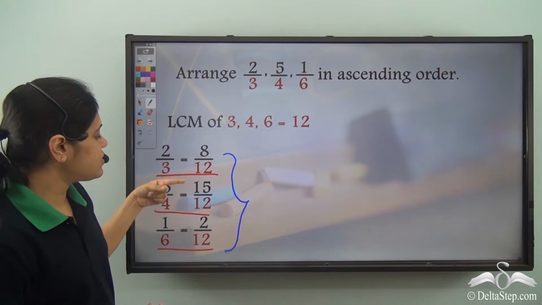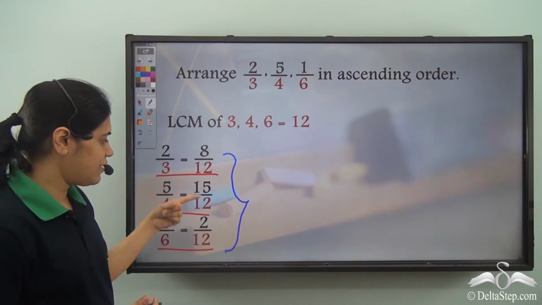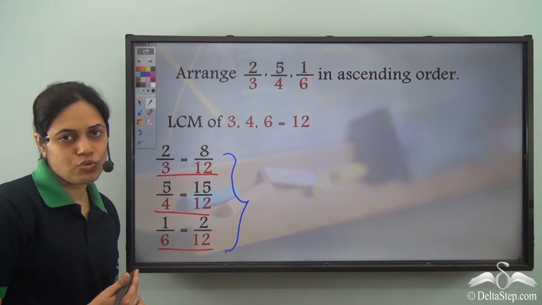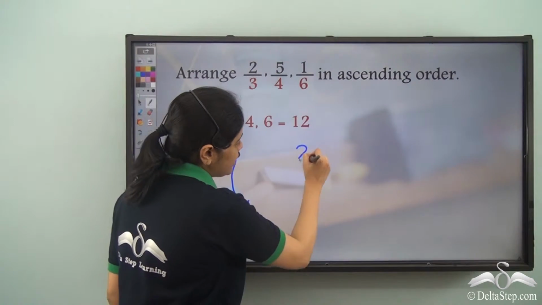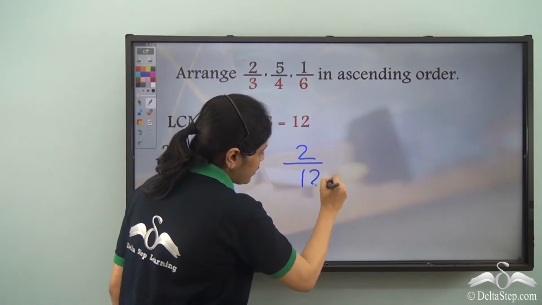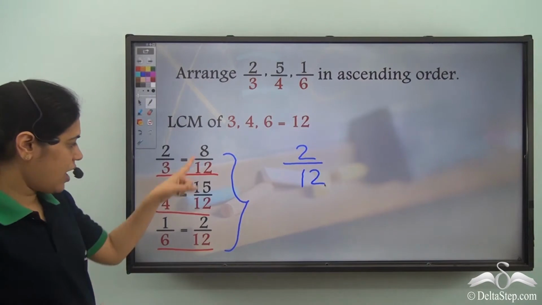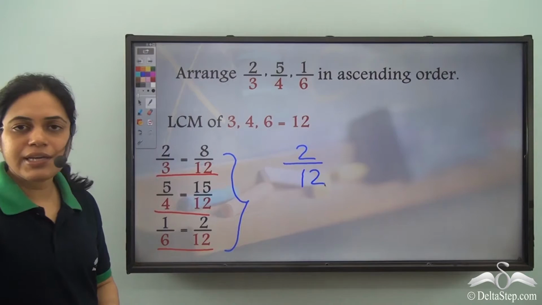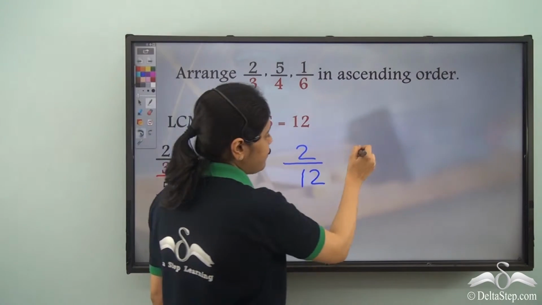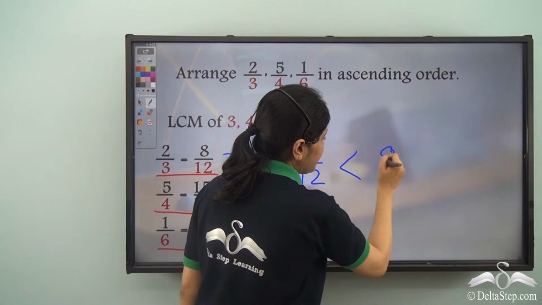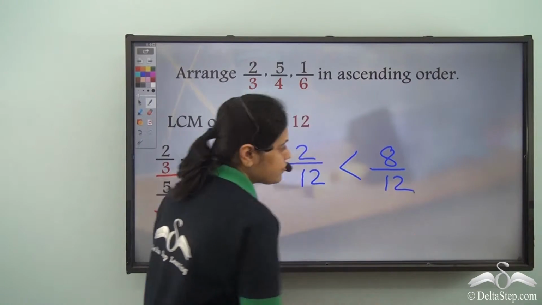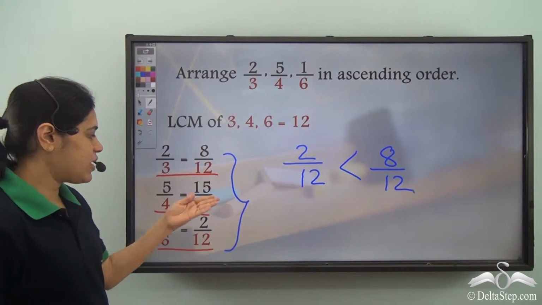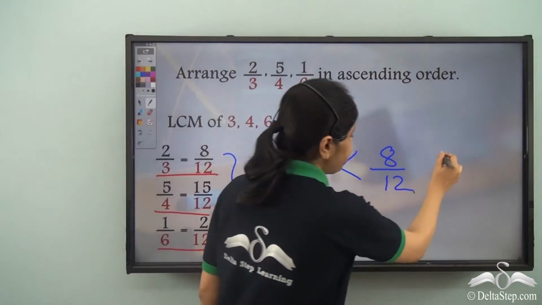So which is the smallest numerator among 8, 15 and 2? It is 2. So 2 by 12 is the smallest fraction among these three. After 2, I have 8. So 2 by 12 is less than 8 by 12, and 8 by 12 is less than 15 by 12.